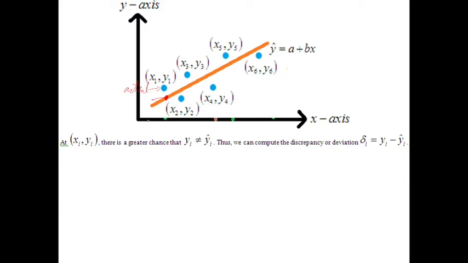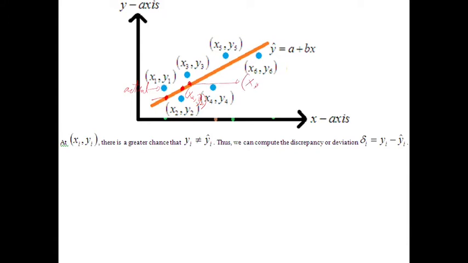Okay, so in this example, this is the actual point x sub 1, y sub 1, and this is x sub 2, y sub 2. This is the actual point and this is the approximating point, x sub 2, y sub 2 hat. Ito yung x sub 2, y sub 2 hat. Then meron naman tayo dito x sub 3, y sub 3, ito yung actual point, approximating point na nandito.